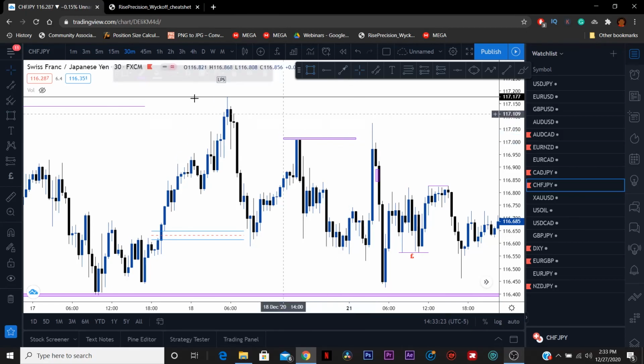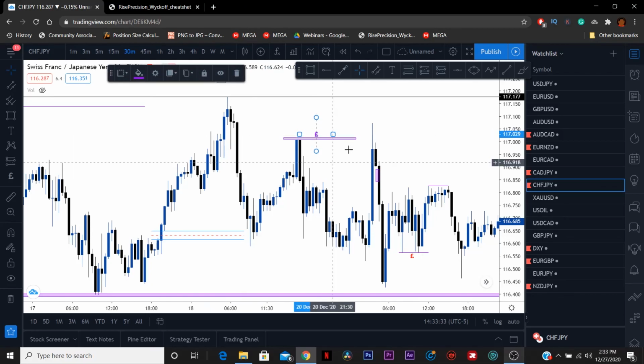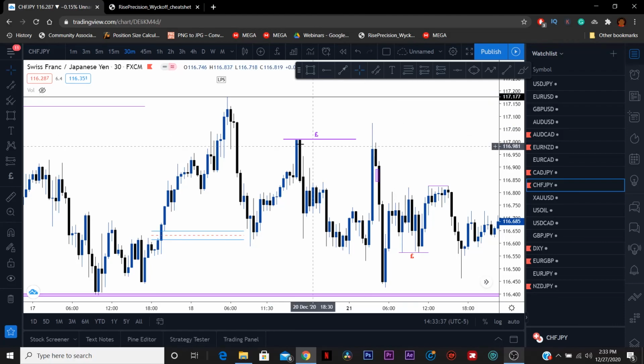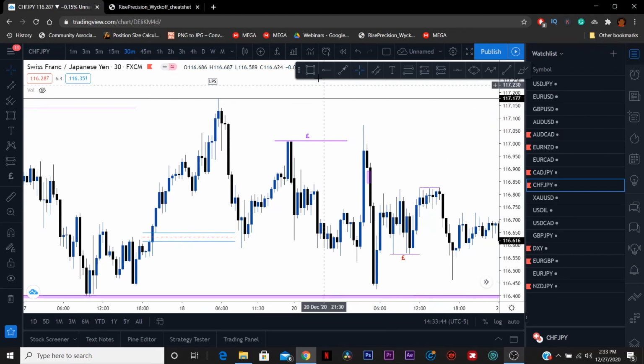This high right here that didn't fill the imbalance. So once you see this high that came up here and it didn't fill the imbalance, you know that this is just liquidity being created that they want to take. Okay, so they create liquidity, take liquidity, fill imbalance, or mitigate a candle. Okay, that's basically what they do.